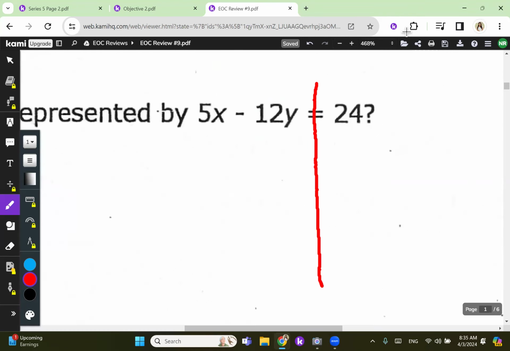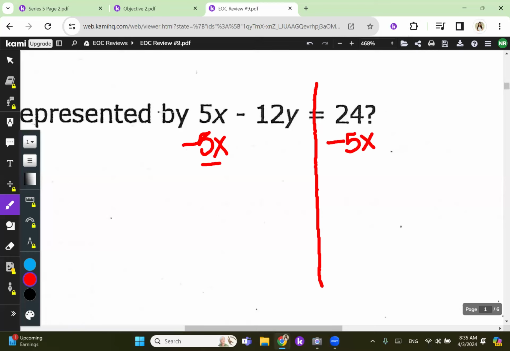So solving for y right here, first thing you do is move x. How do you move it? Subtract, so -5x. Now, when you bring down that 12, I guarantee you there's going to be somebody that forgets about that negative right there. Always double check for that.